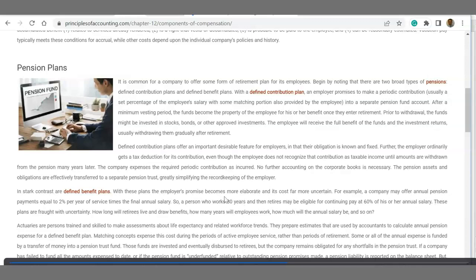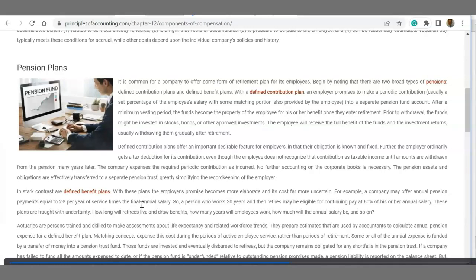So 30 years times 2%, that's 60%, and 60% of final annual salary. Let's say final annual salary, or the average of the last 3 years, was $100,000.